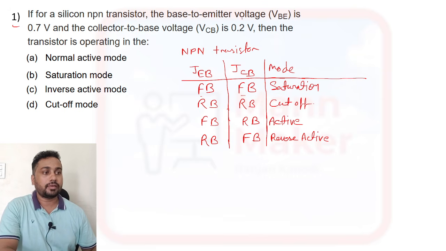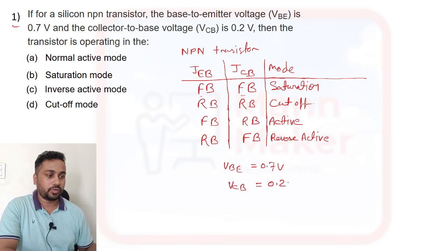Here they have given base to emitter, VBE, the base to emitter junction, 0.7 volt, and the collector base CB is 0.2 volt. So you can see 0.7 volt is greater than 0.2 volt, right?